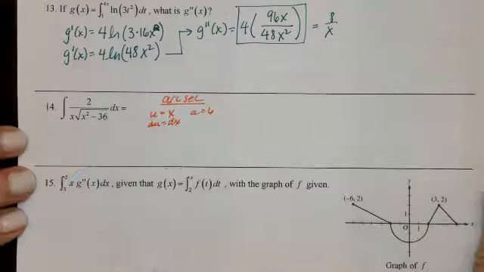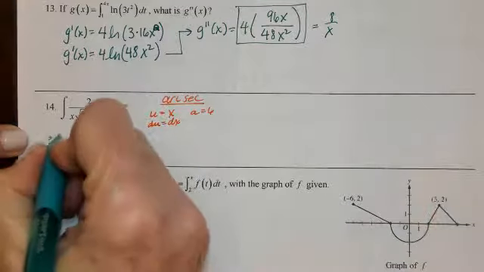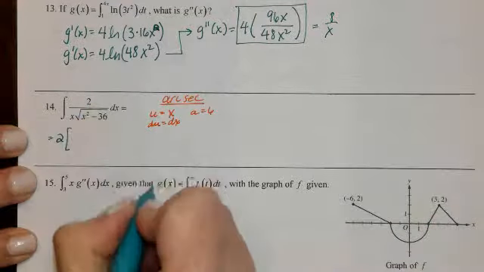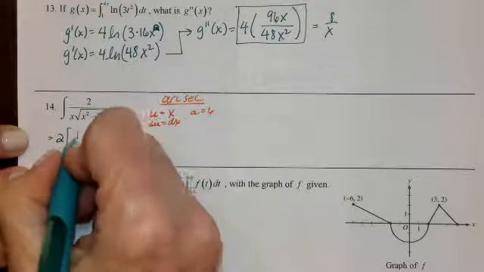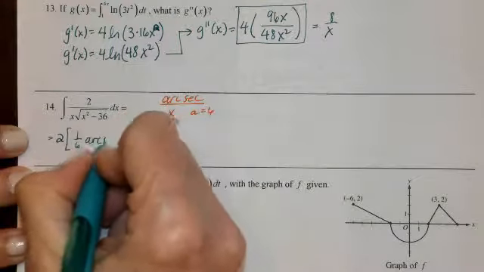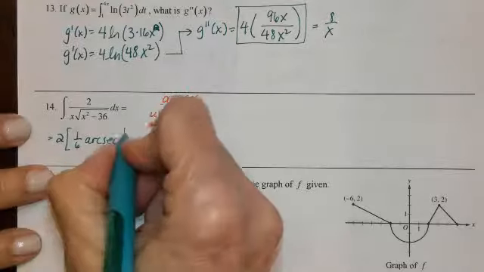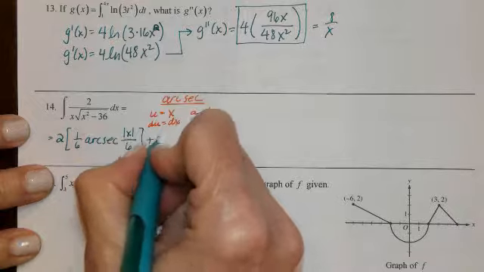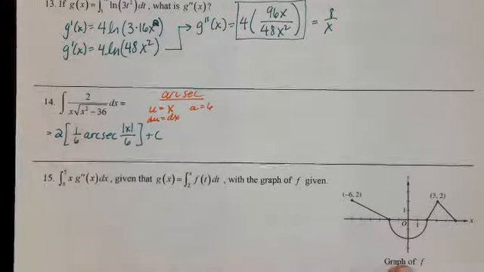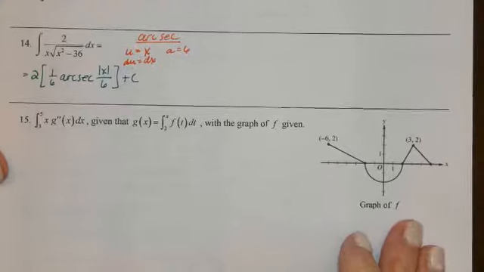So this is a fairly straightforward arcsecant. For arcsecant, we begin with 1 over a, arcsecant, and then we need the absolute value of u over a. That's that. Okay?